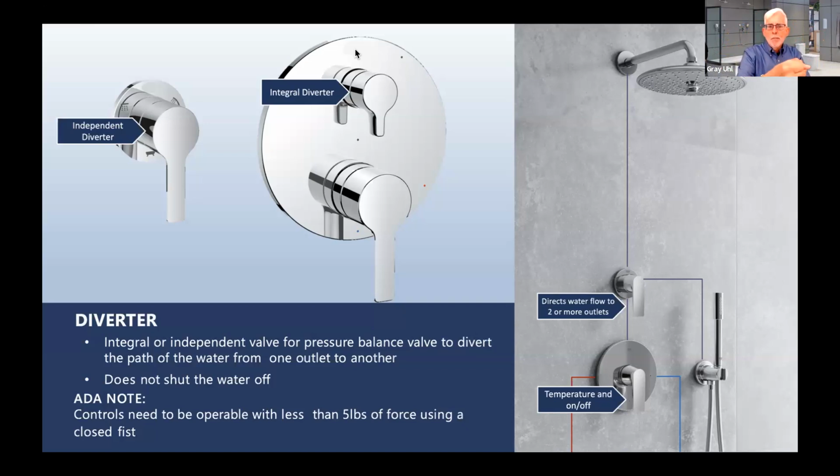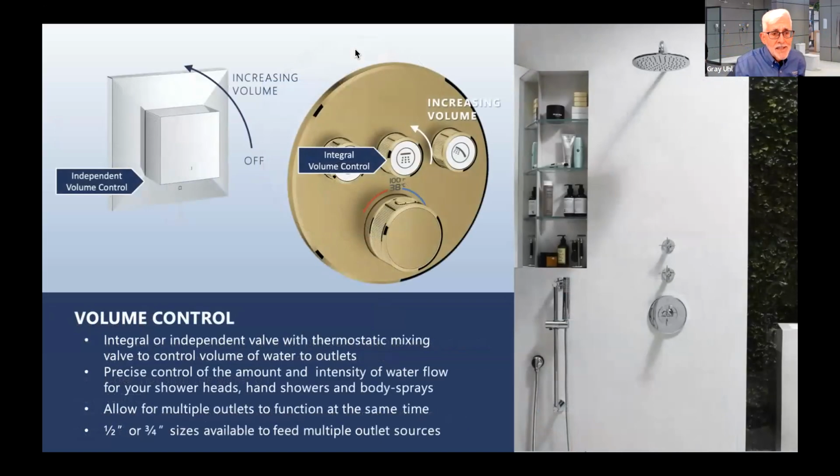So I've got my pressure balance or my thermostatic control below, and then I have my diverter or on-off volume diverter as a separate handle, but in the same escutcheon and in the same valve. And what's the benefit of that? Designers really like the fact that it's all contained in one.